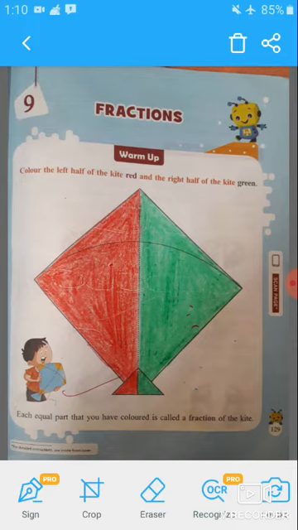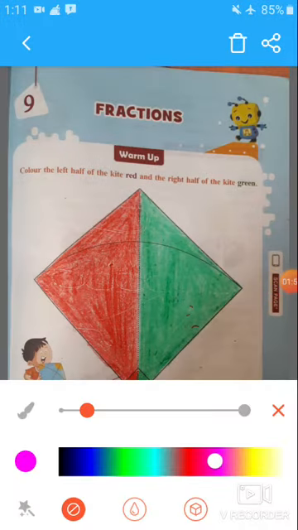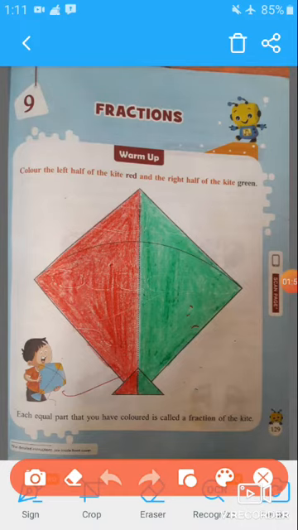So students, here activity is given. Color the left half of the kite red and the right half of the kite green. So students, here you have to color the half part of kite red as shown here and the right half part with green color.